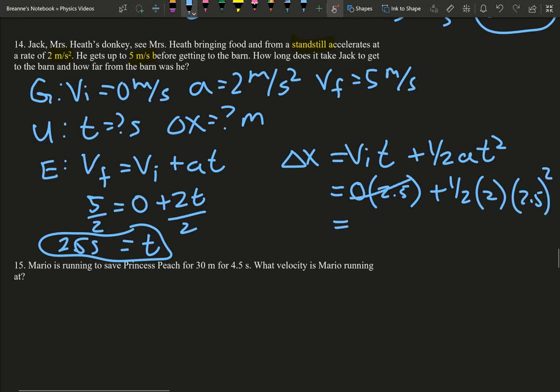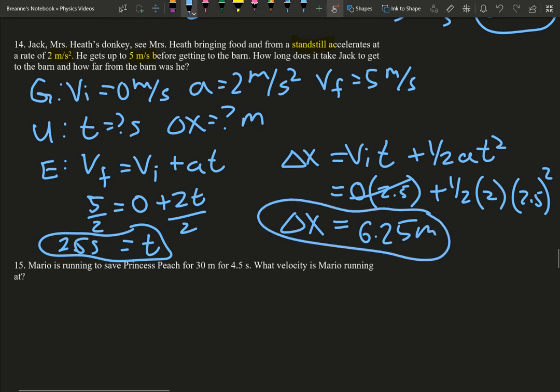The first term goes away because it's 0. So then you can just, again, plug that into your equation. Make sure you put parentheses around the 1/2 and the 2.5 squared. And you get that your displacement is 6.25 meters. So he ran about 6 meters in 2.5 seconds. Woohoo!